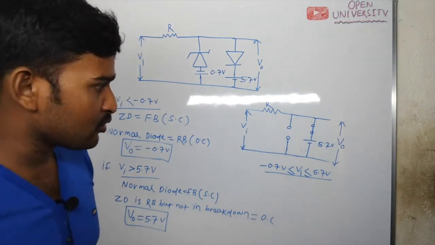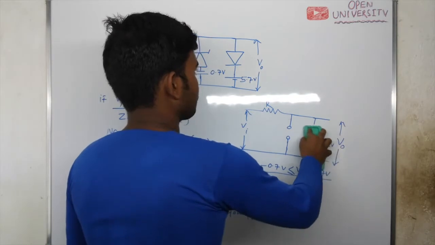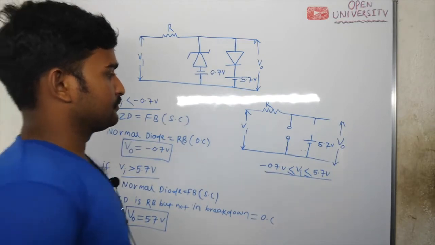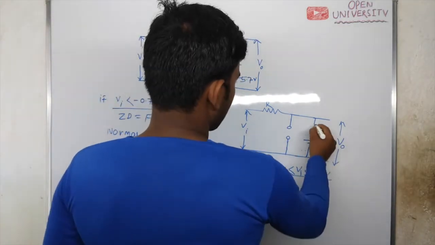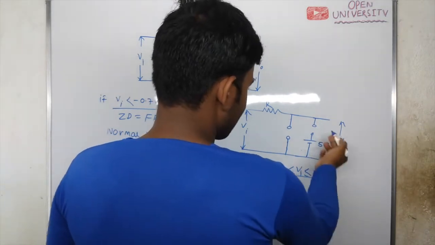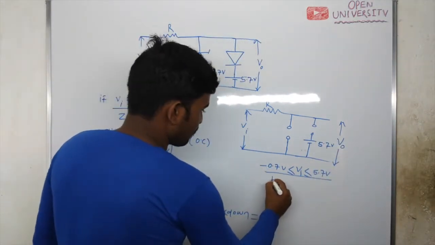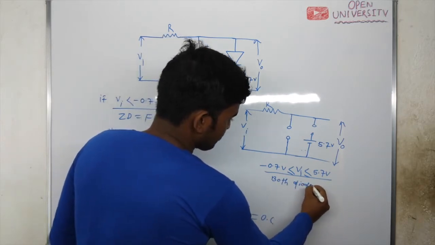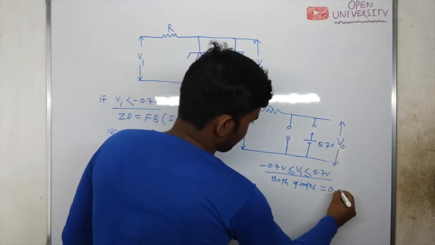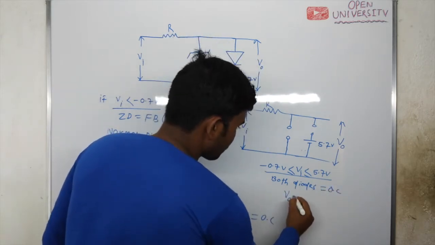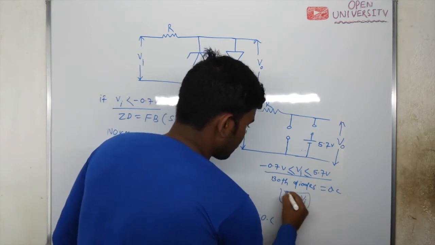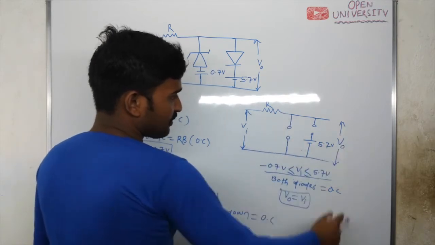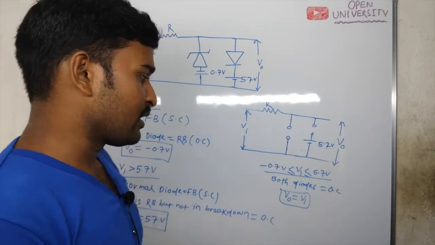Both diodes are off, so your output voltage equals the input voltage. No current will pass, so no voltage will drop across the resistance. Entire input voltage will be available across the output. So V naught equal to Vi.